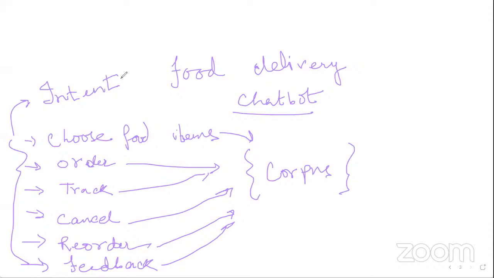We will train the model, and the model will learn that this is the intent for this set of corpus. For one corpus, order, there are 5 sentences, and each of these sentences has some semantic relationship between their words or the entire sentence formation.